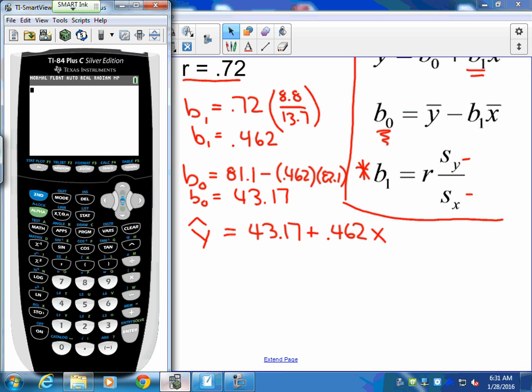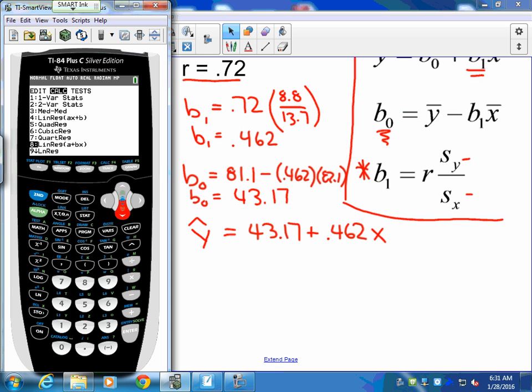Now, best case scenario, you're going to be able to use your graphing calculator. We always start in the same spot. We enter in our two lists of data. Once we have those lists entered in, we go back into stat, calculate, and we did this in our correlation video when we were trying to find the correlation.